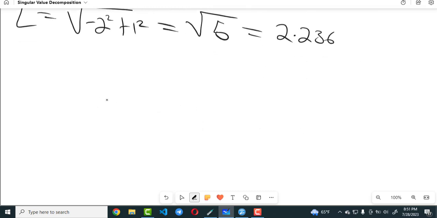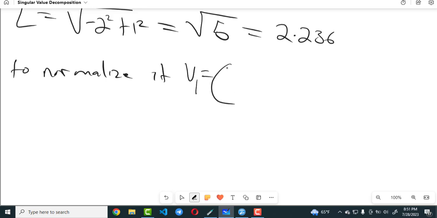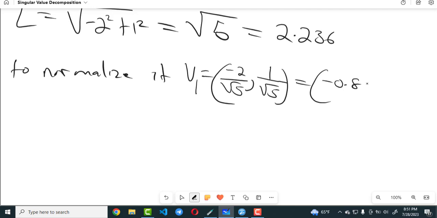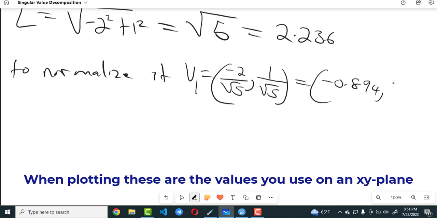So in order for us now to normalize our singular matrix value, we are saying V1 is equal to minus 2 over root 5 and 1 over root 5, which is nothing but minus 0.894, and the other value is 0.447.